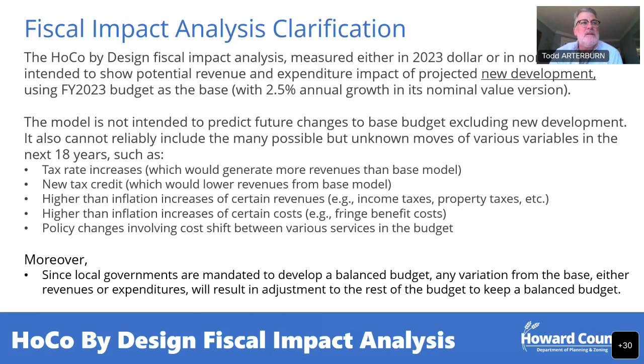I would be nervous putting a 2.5% inflation factor on this when we know we're going in with projected revenues being higher than projected expenses. So you get this artificial spread or growth of benefit just by the inflation rate.